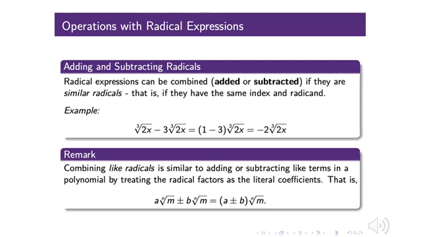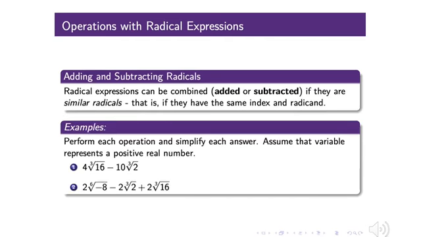From the above example, we observe that combining like radicals is similar to adding or subtracting like terms in a polynomial, by treating the radical factors as the literal coefficients. That is, a nth root of m plus or minus b nth root of m can be expressed as the quantity a plus or minus b times the nth root of m.